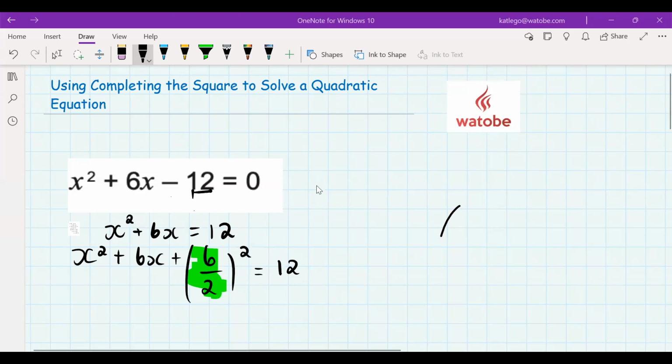How did we get the 6 over 2? I took our b, which is our middle term, this one, and you divide it by 2, or you half it, and then you square it. That is how we make a complete bracket.